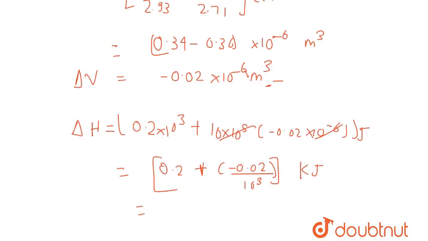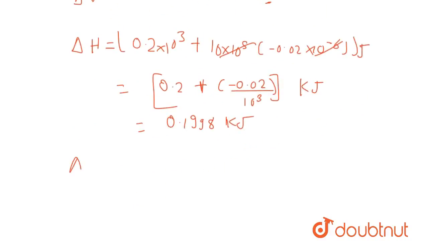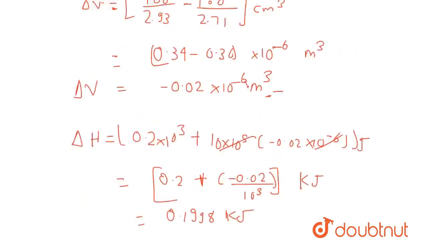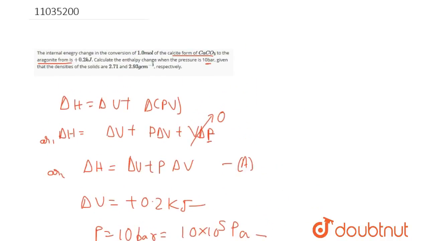If we simplify this, we'll have 0.1998 kilojoule. So the change in enthalpy in the entire process is 0.1998 kilojoules. So this is the final solution for this question.